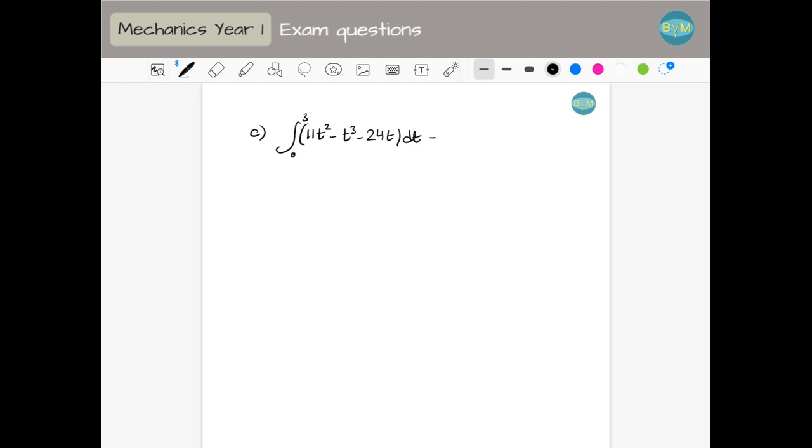and this is 11 thirds t cubed minus t to the power of 4 divided by 4, minus 12t squared, and I'm going to substitute between 0 and 3. When I do that, I get a negative value. That's what I expect because it's below the x-axis.